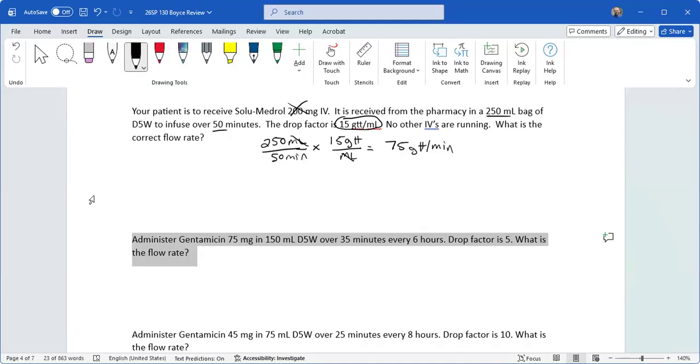So this was an example where you would do some rounding. I'm seeing the answers. So you should get 21 drops per minute.